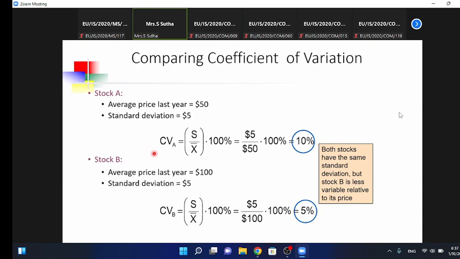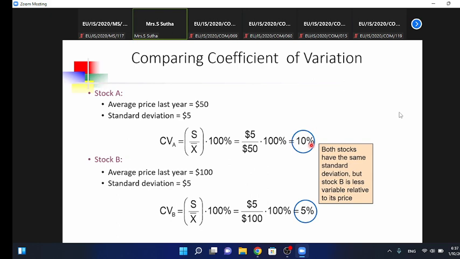So now we want to look at, for 1 unit of mean, how much variation there is among the prices of stock A and stock B. First we calculate the coefficient of variation, which is given by S over X bar times 100. When we multiply by 100, it is a percentage.